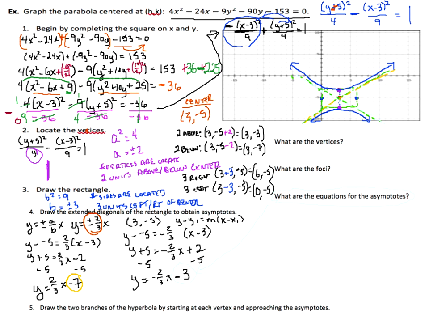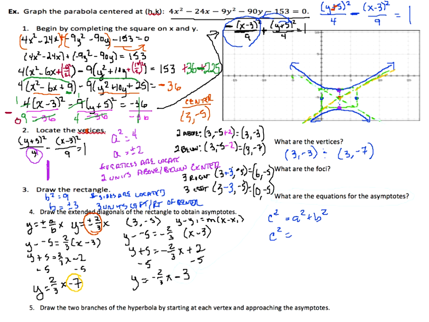The vertices are 3, -3, and 3, -7. My foci I get from c squared equals a squared plus b squared.